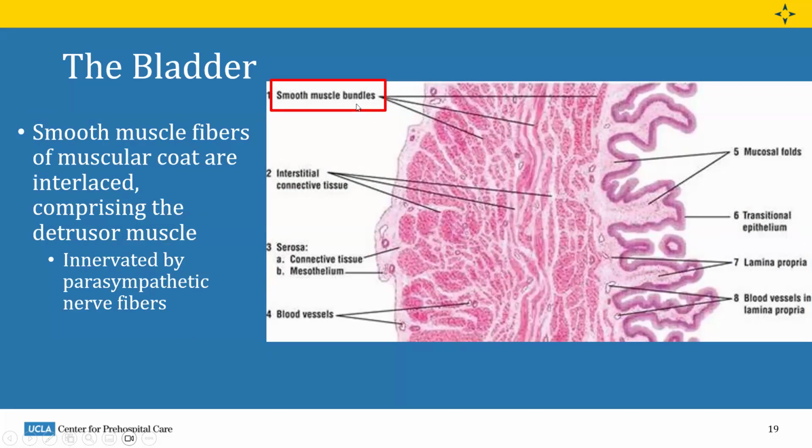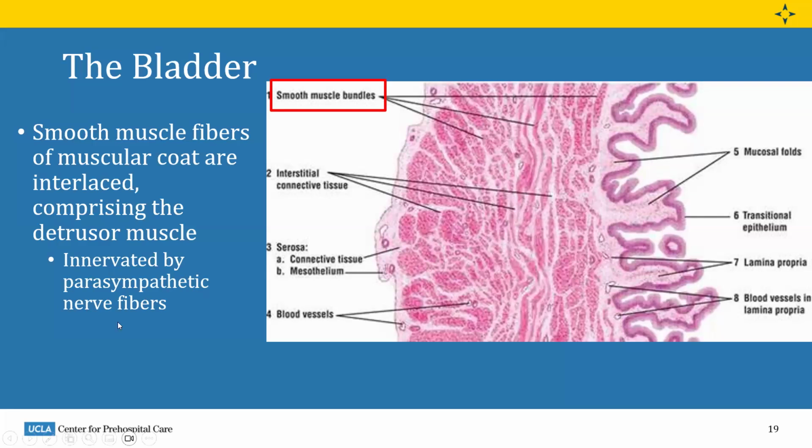So a little bit more about the smooth muscle layer. These muscle layers are interlaced, and we call that collectively the detrusor muscle. Detrusor muscle is going to be innervated by our parasympathetic nerve fibers. The parasympathetic nervous system is our rest and digest nervous system.